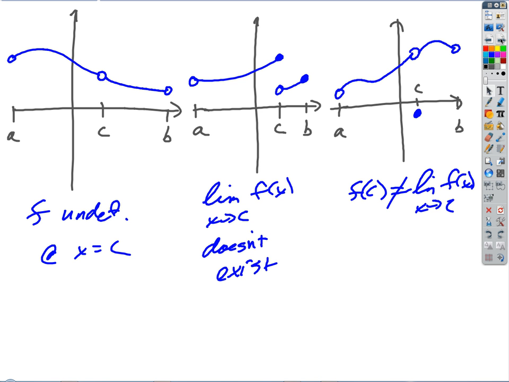Okay, first, good, because I could just fill in that hole, right? So he's removable. And which other one? Third one, because all I'd have to do is just migrate that point up there, right? And that one would be removable. So by just redefining the function a little bit, we could accomplish that.